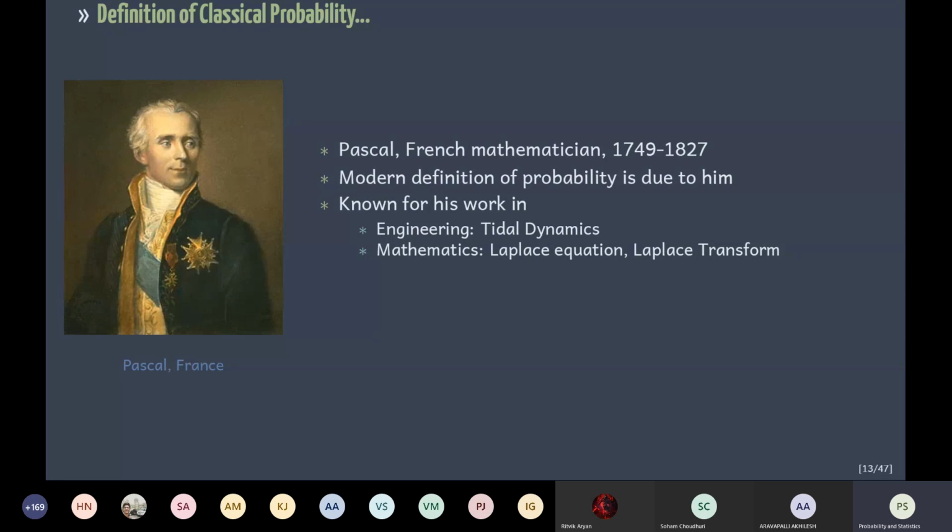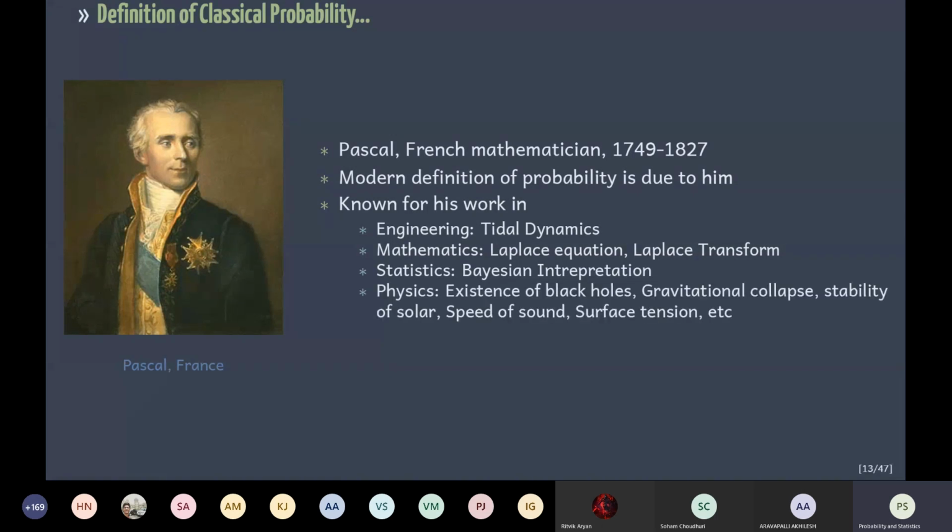And in mathematics, he has contributions to so many things like the Laplace equation, Laplace transform. If you are doing signal processing and so on, you have seen these things. They are so important tools. And in statistics, obviously, he's considered to be the main guy behind the modern theory of probability. He also contributed to Bayesian statistics and so on. In physics, he contributed to the existence of black holes, gravitational collapse, stability of the solar system, and so on. So he was very prolific.